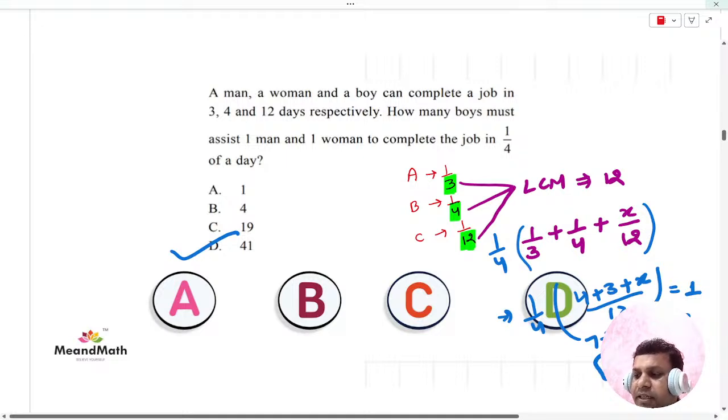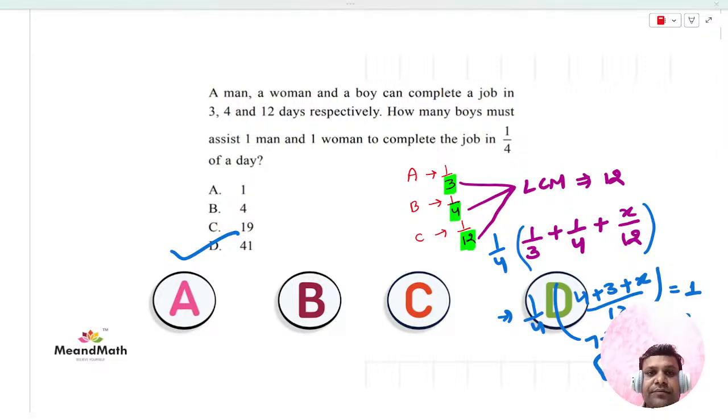Look at the question and solution and check. Is it clear to everyone or not? I think it is clear to everyone.